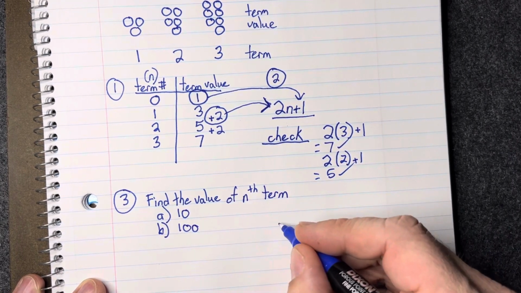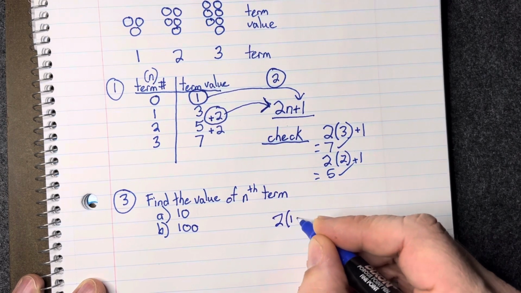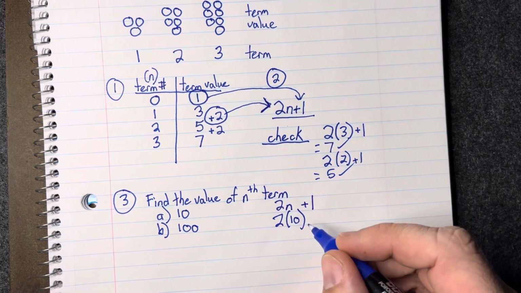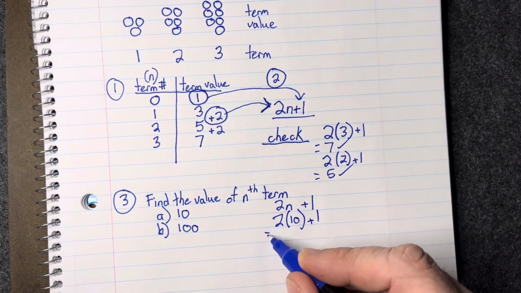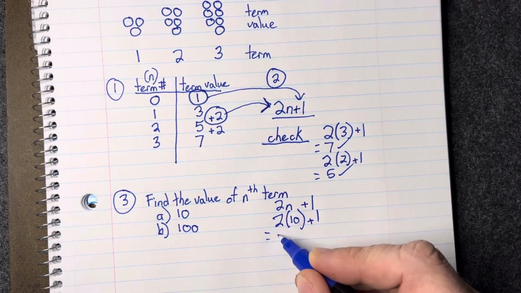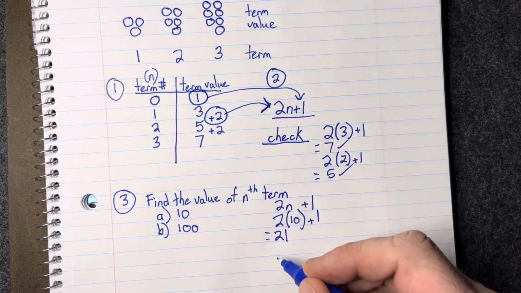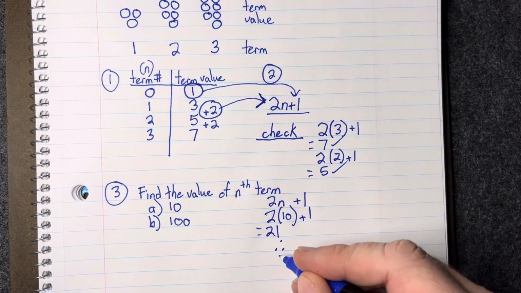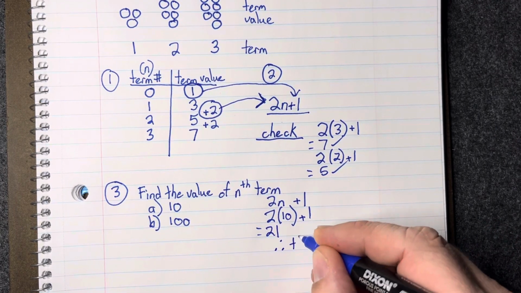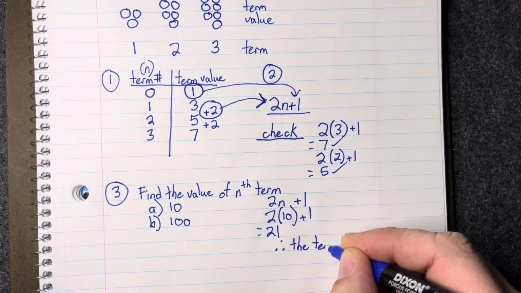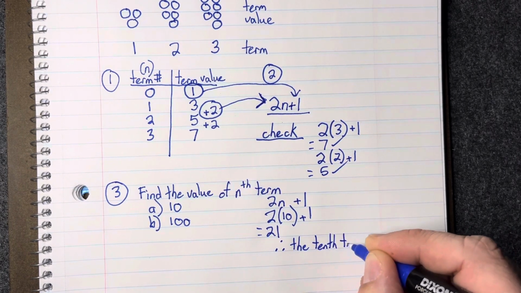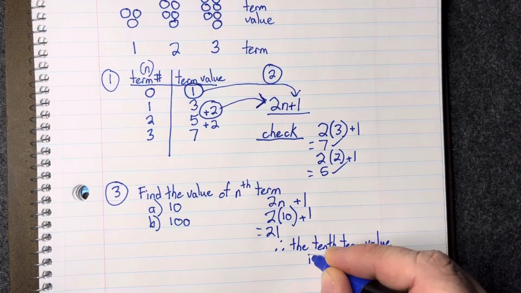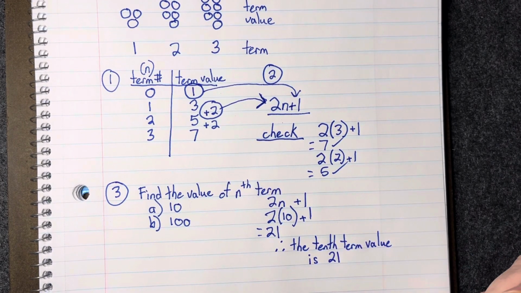So for a, we simply put the 10 in place of the n, right? Because our algebraic expression is 2n plus 1. And then we put the plus 1 here. 2 times 10 is 20, plus 1 is 21, right? So then we could say, therefore, shorthand for therefore, the 10th term value is 21.